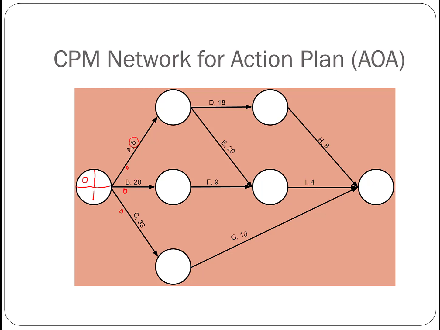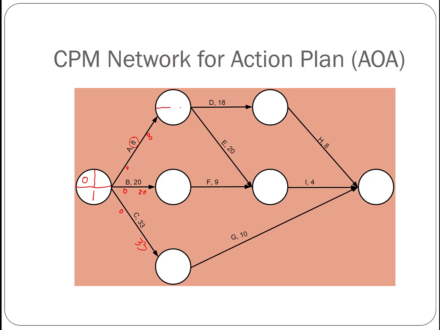And if it takes 8 days to complete activity A, then the earliest time to have A completed will be day 8. Similarly, if it takes 20 days to complete B, then the early finish date for activity B will be day 20. And for C, it will be 33.